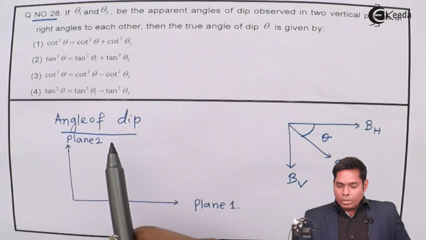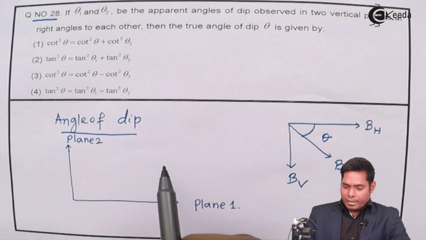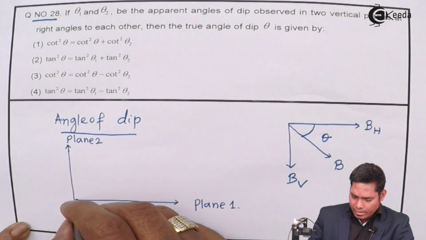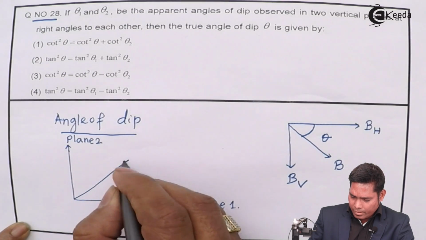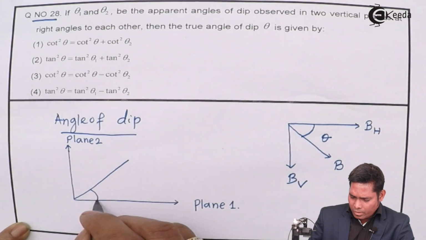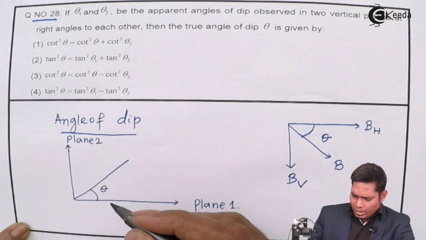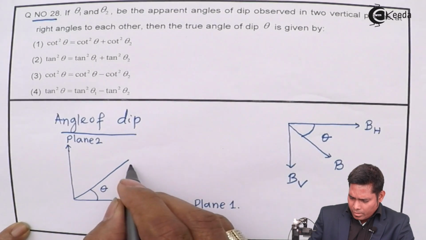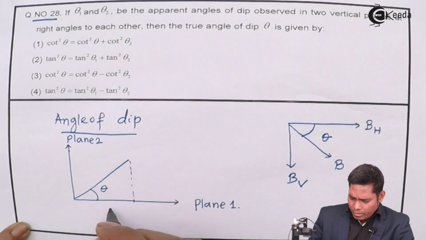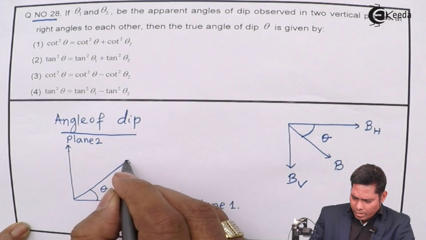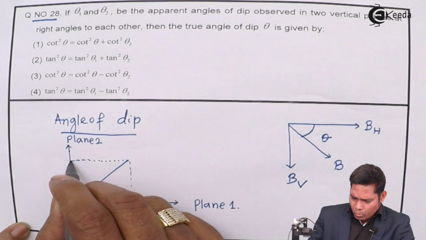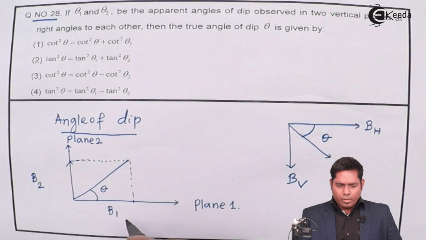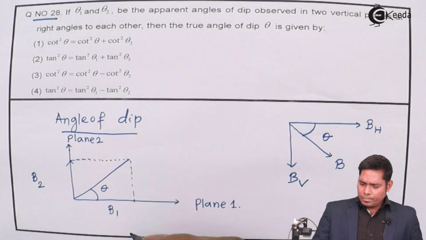If theta 1 and theta 2 be the apparent angles of dip, then if I call this angle theta, this one is B1, and for plane 2 this is my B2.